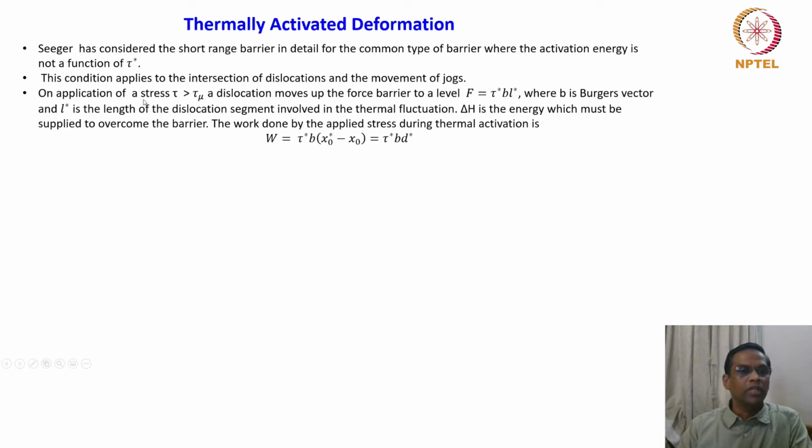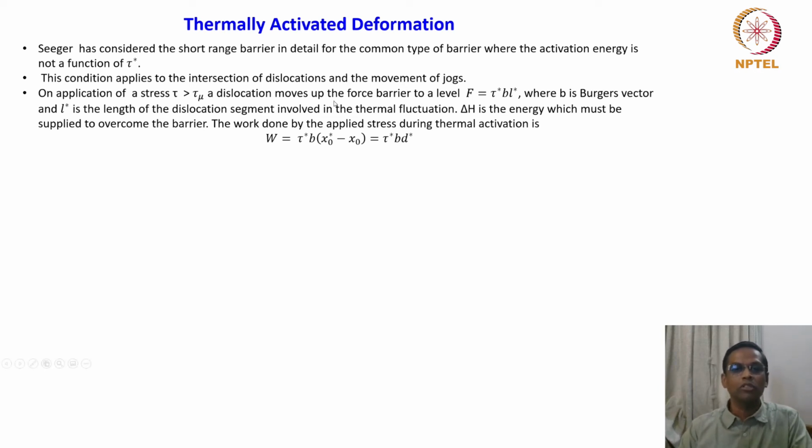On the application of a stress tau which is greater than tau mu, what does that mean? This shear stress is sufficient to surmount all the local short range obstacles. It could be thermal fluctuations.